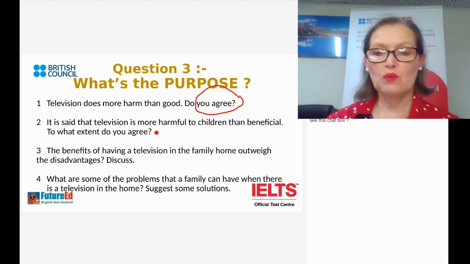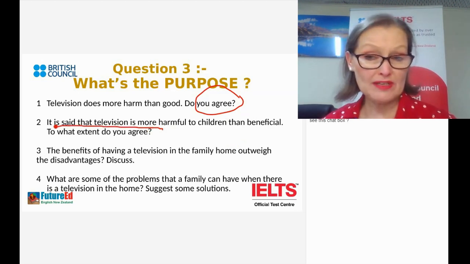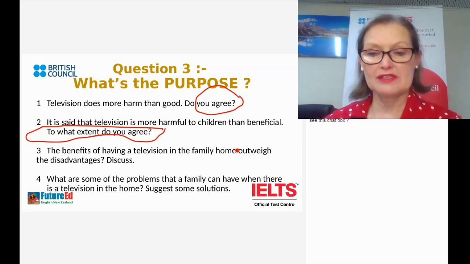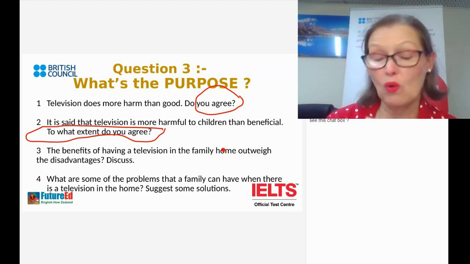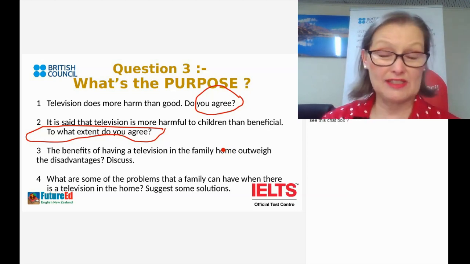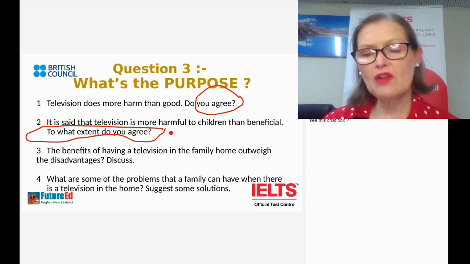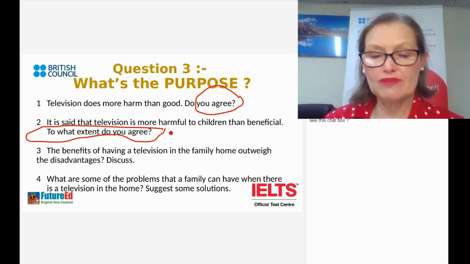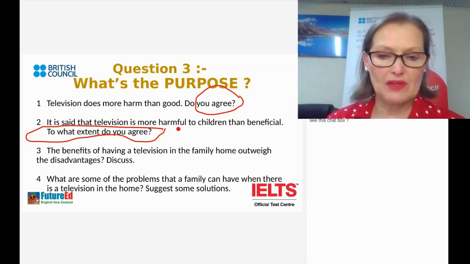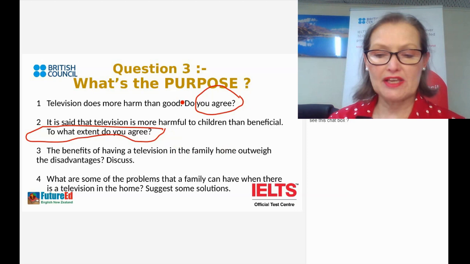The way in which I write it is I'm going to argue for some points, and maybe I'm going to argue against another point. Or I could do it the other way around. I could argue against first, because that is my strongest view, and then on the other hand, I could argue for one point.